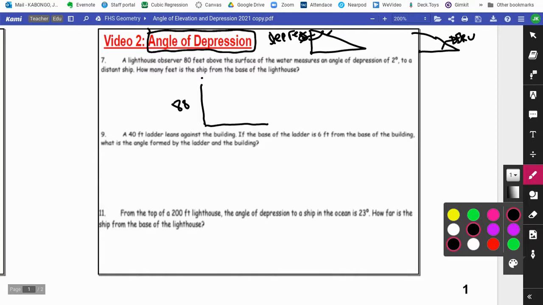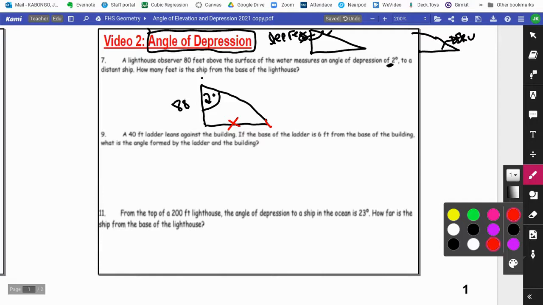And it says observed from the surface of the water, the measure of the angle of depression is 2 degrees. So I'm observing from that angle right here of 2 degrees. How many feet is the ship from the base? The question mark goes right here, x.